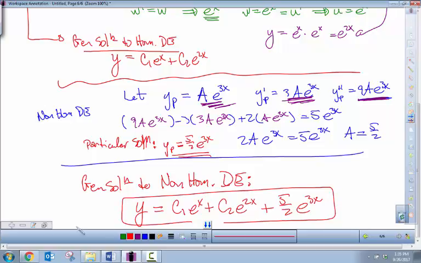Well, if it's an exponential function raised to some constant times the power, you'll just match that. If it's a polynomial, like x squared, you would match it with ax squared plus bx plus c. It has a little flavor of the partial fraction things that we used to do.